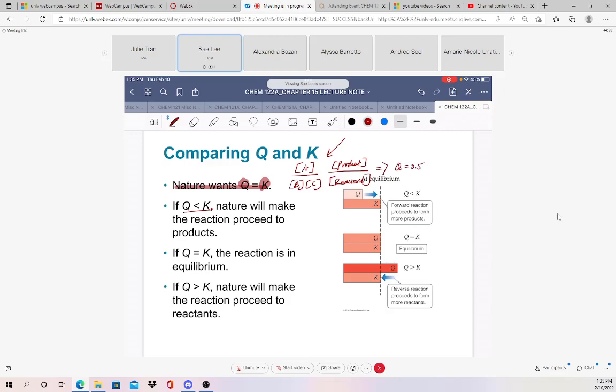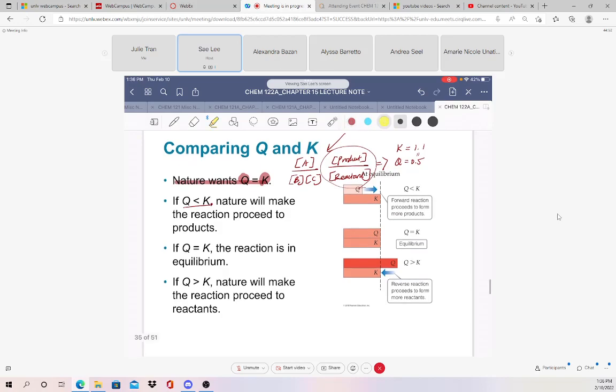And let's say for this reaction at equilibrium, the K value is 1.1. The only way for this reaction to reach equilibrium and Q becomes equal to K is by increasing the numerator value. The only way Q value can equal K is by increasing the product concentration.